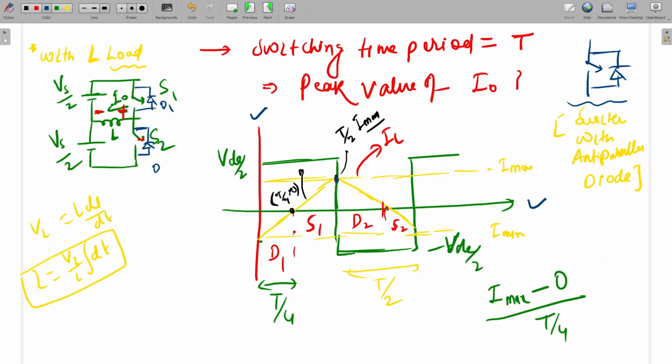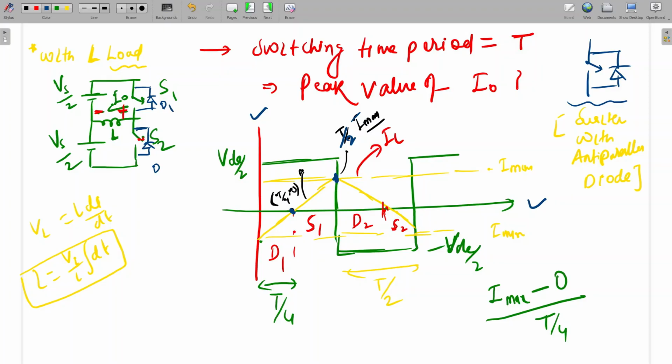If you see this point, x axis is T by 2 and y axis is I maximum. At this other point, x axis is T by 4 and y axis is 0. These 2 points. So I'm going to write the equation of this straight line. Is it clear?